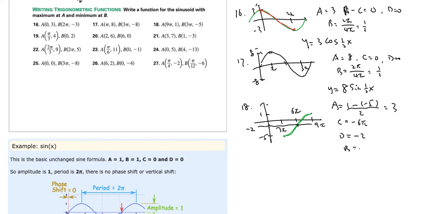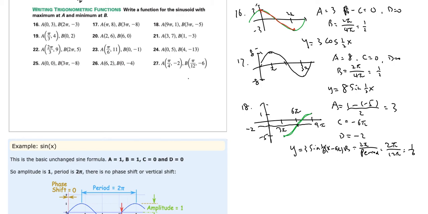For the period, from 3 pi to 9 pi is 6 pi. So 6 pi is really half of the period, so it's 12 pi. That's 1 over 6 for B. Hence we use sine, so y equals 3 sine of 1 over 6 x, bracket, minus 6 pi.